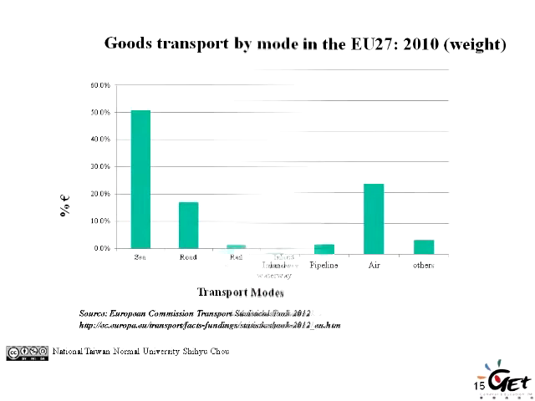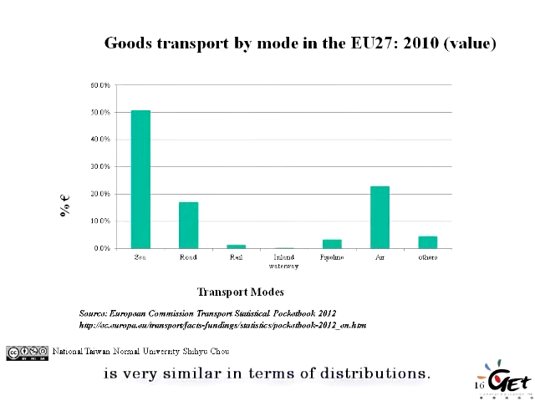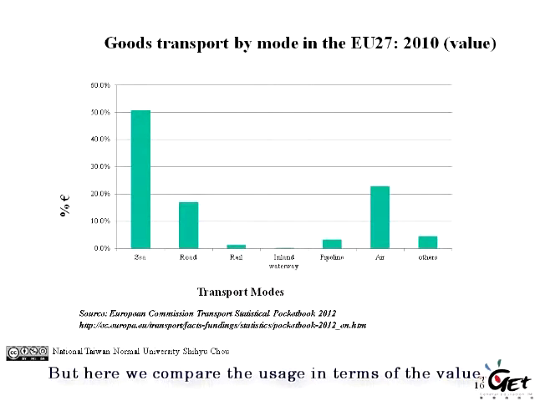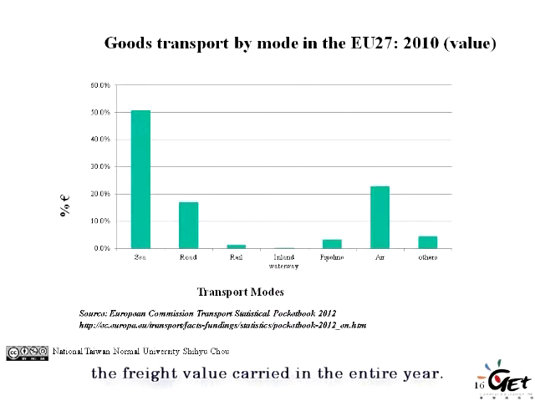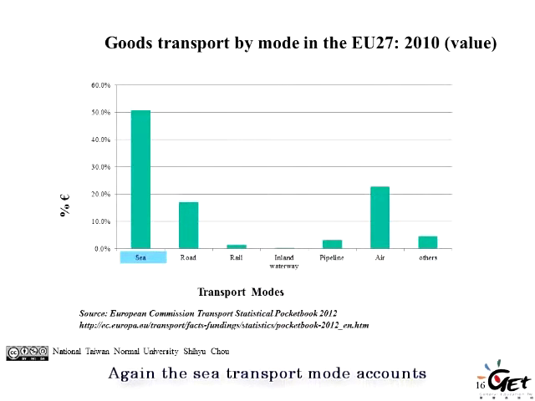And the next one is very similar in terms of distributions. But here we compare the usage in terms of the value, the freight value carried in the entire year. Again, sea transport accounts for more than 50%.